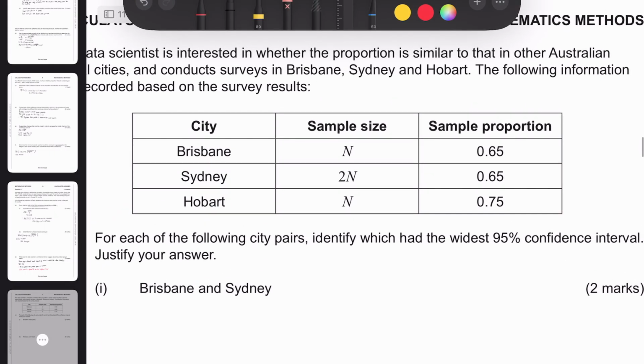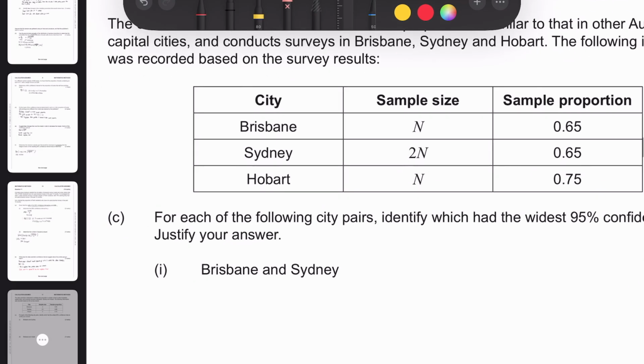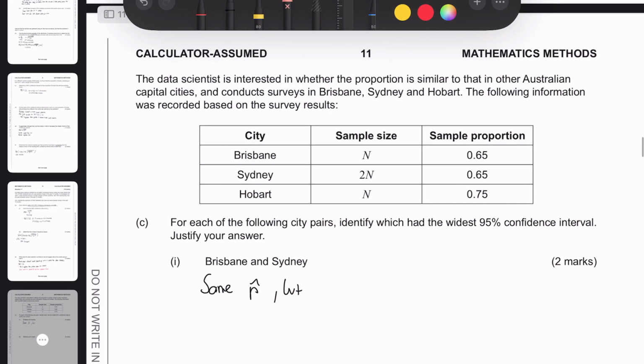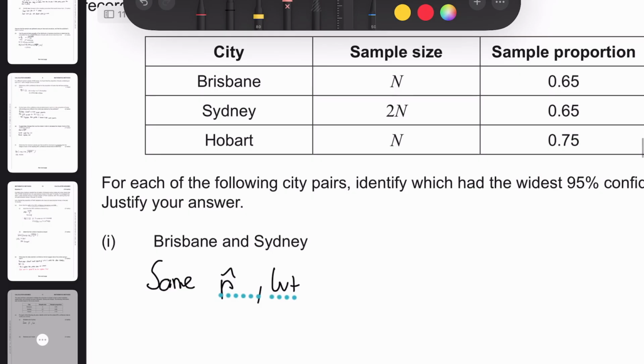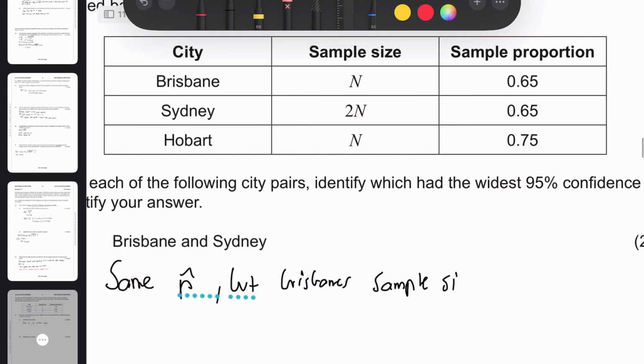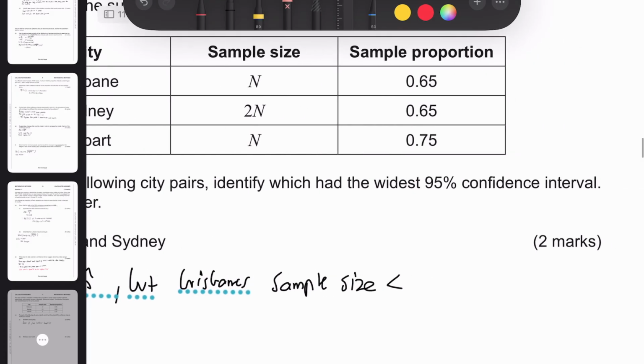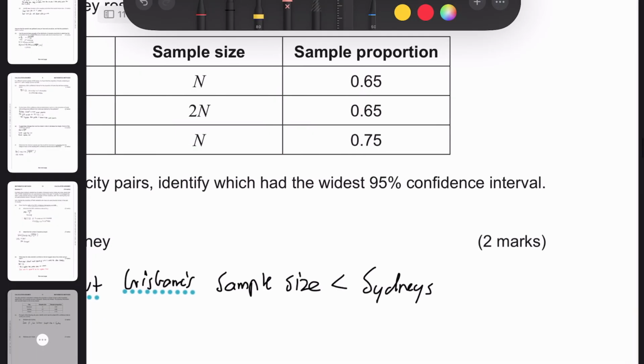So they have the same sample proportion, but if we want to have the wider confidence interval, then the smaller sample size is going to win. Brisbane's sample size is less than Sydney's sample size.